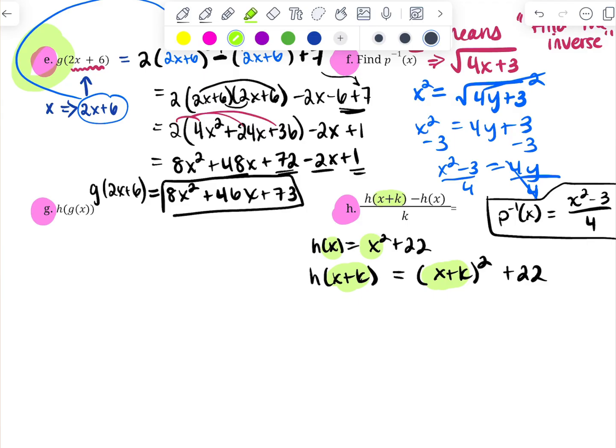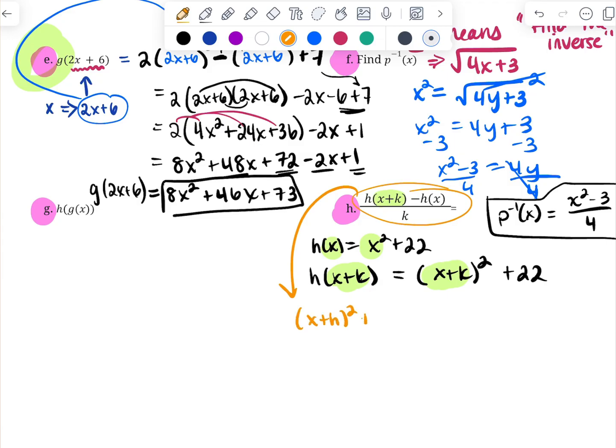All right, and then that means that the actual notation I'm dealing with, like this fraction, here I'm going to write it in orange, would be x plus h squared plus 22, that thing, minus x squared plus 22. And you can use square brackets or regular parentheses.